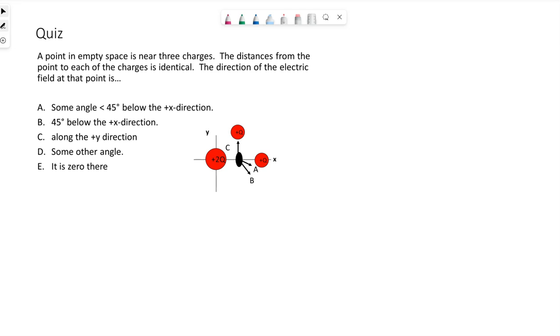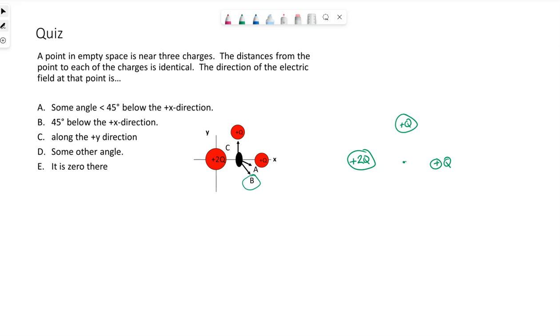Now the point they're referring to is this black oval. I'm not sure why it's oval, but there you go. Well, the correct answer here is going to be B. If I draw these again, so I have a better place to draw a picture.